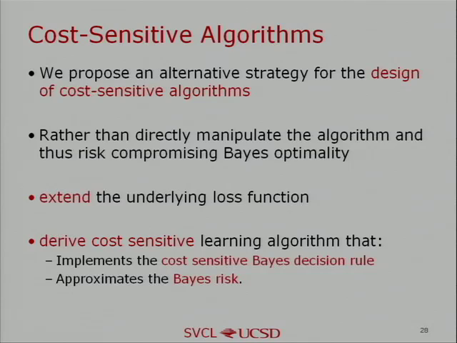Rather than directly manipulating the algorithm and risk compromising Bayes consistency or Bayes optimality, we extend the underlying loss function and derive a cost-sensitive learning algorithm from that loss that implements the Bayes decision rule and also approximates the Bayes risk.